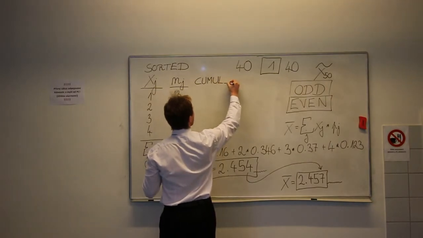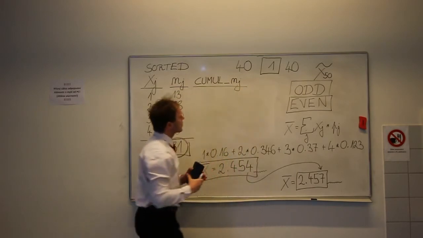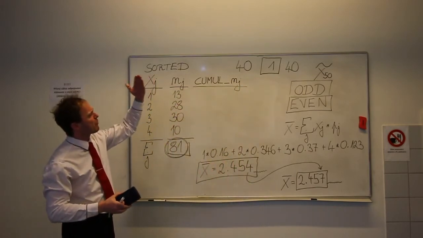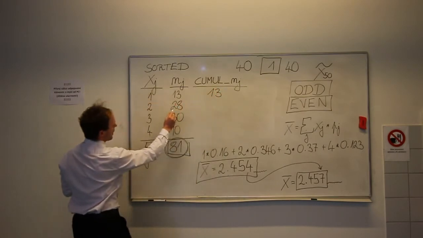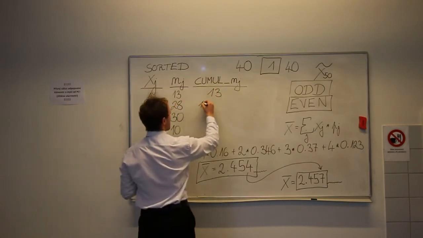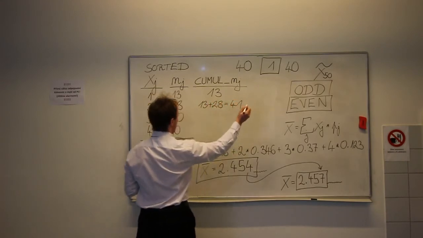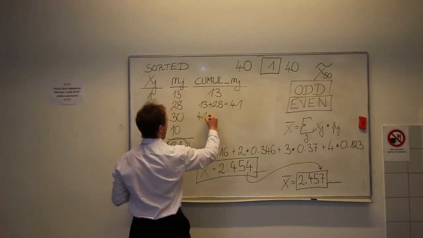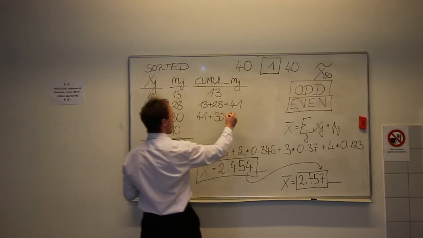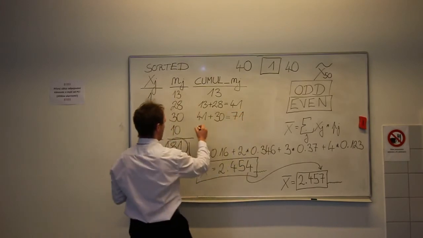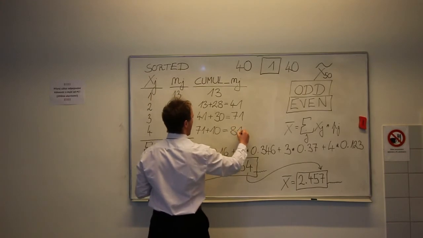Cumulative frequencies, cumul j. So where is the student with the number 41? 13 plus 28 is equal to 41. 41 plus 30 is equal to 71, and 71 plus 10 is equal to 81.